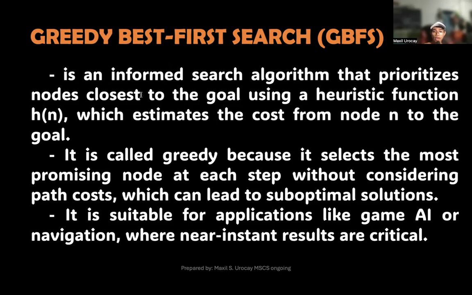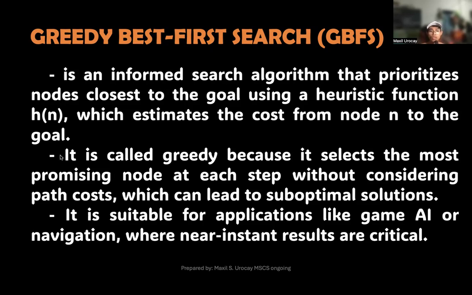So GBFS is a heuristic driven algorithm, ideal for scenarios requiring rapid solutions. But it sacrifices optimality and completeness for speed. Its effectiveness hinges on the heuristic quality, making it suitable for applications like game AI or navigation where near instant results are critical.